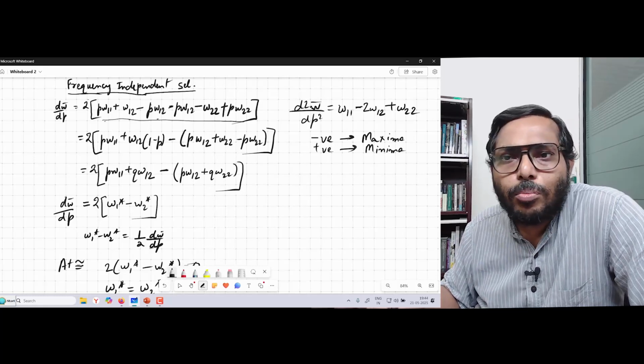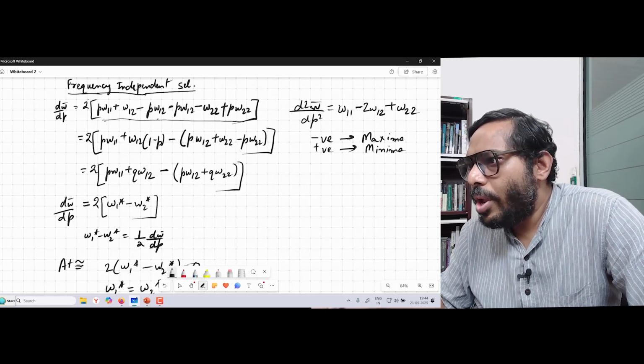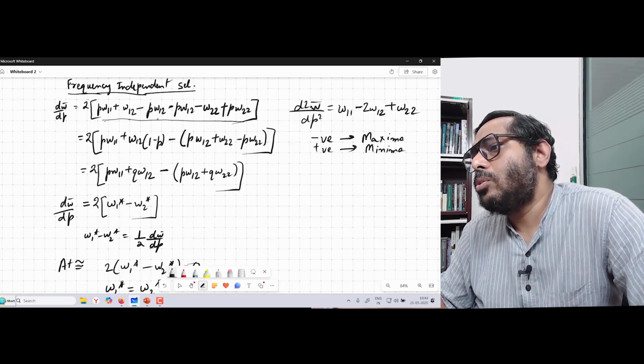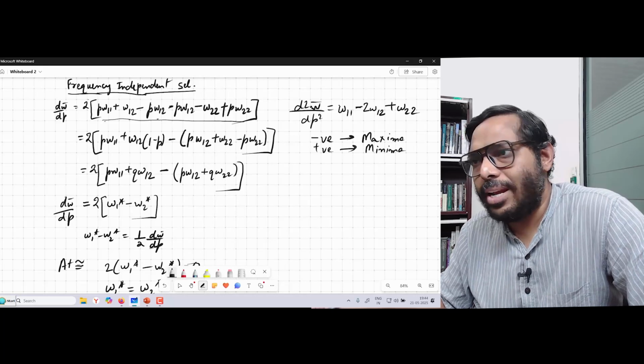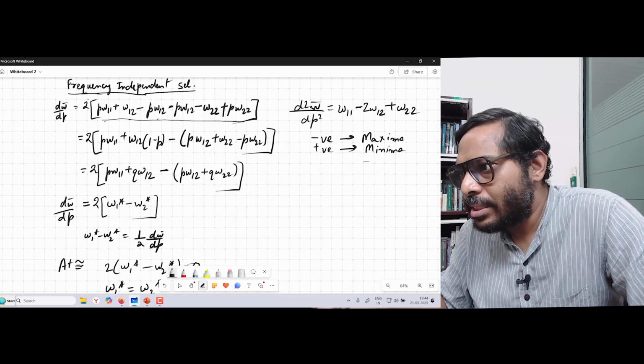When is this thing going to be positive? This thing is going to be positive when both W11 and W22 are going to be greater than W12. So, this case, right.